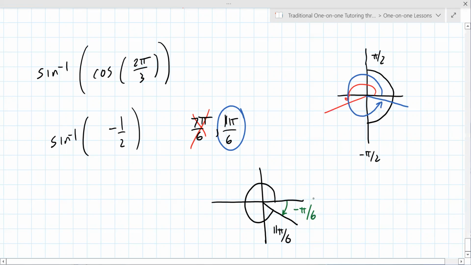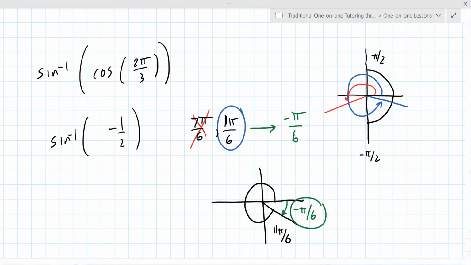And this is the one that they want. So they want you to convert 11 pi over 6 to minus pi over 6. Notice neither of these fit what we wanted at first, but you can convert one of them because it was in the region. It just went the wrong way to get there.